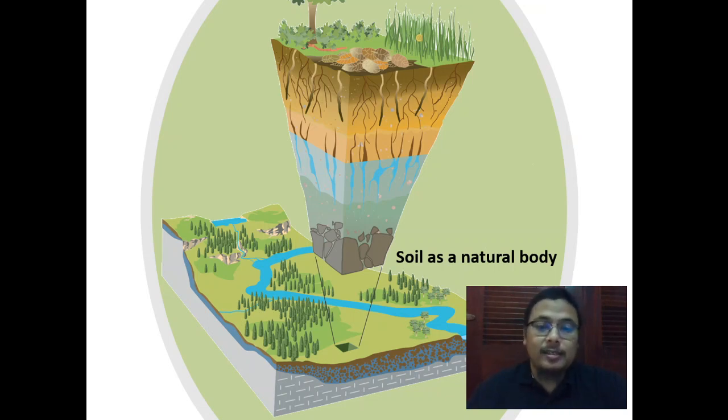This definition recognizes that soil has a vertical structure, is composed of a variety of materials, and has a biological nature as well. So it is derived in part from decaying organic matter.